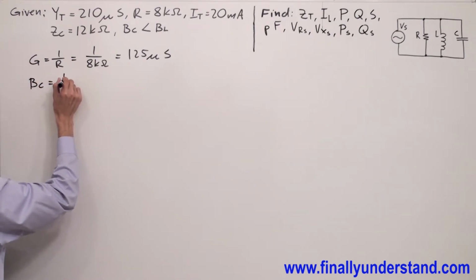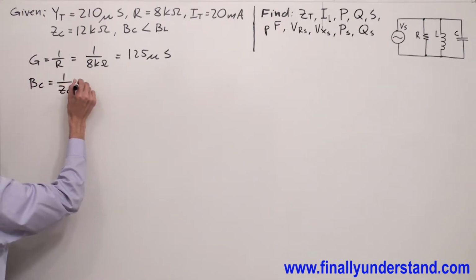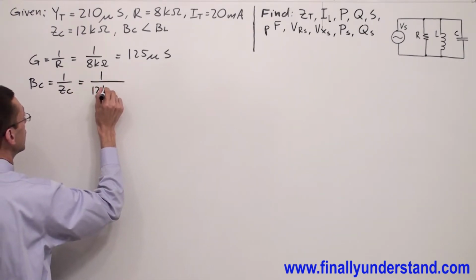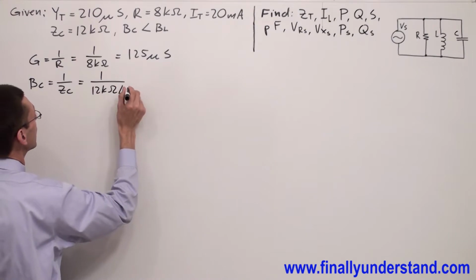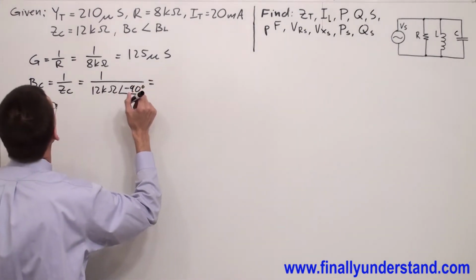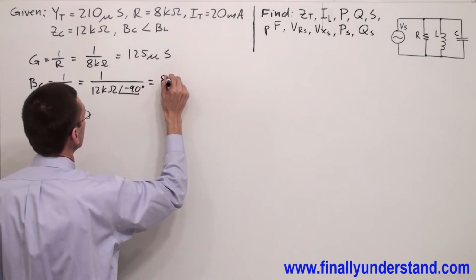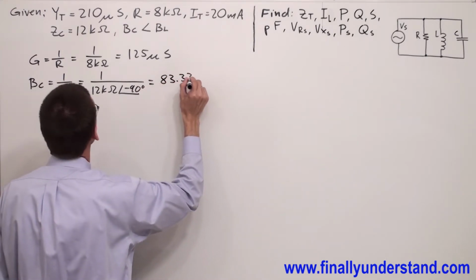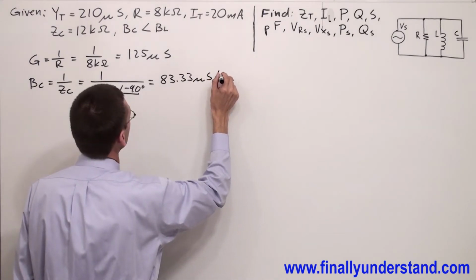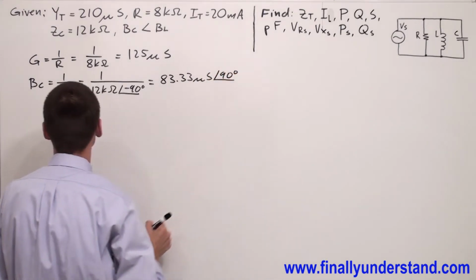BC is equal to 1 over Z sub C, which is equal to 1 divided by 12 kilo-ohms and angle of negative 90 degrees. So I'm going to get 83.33 microsiemens and angle of 90 degrees.